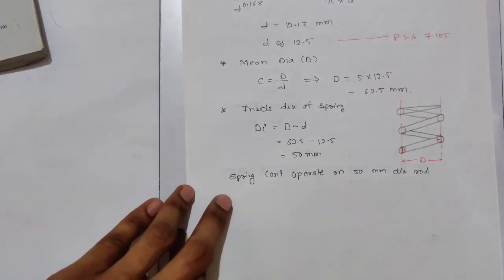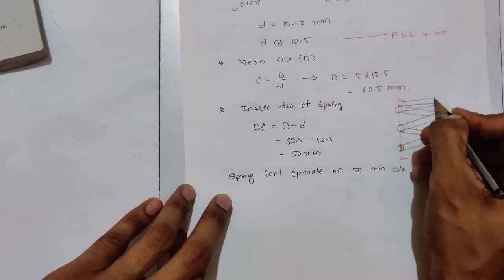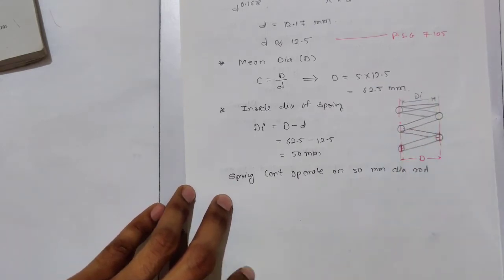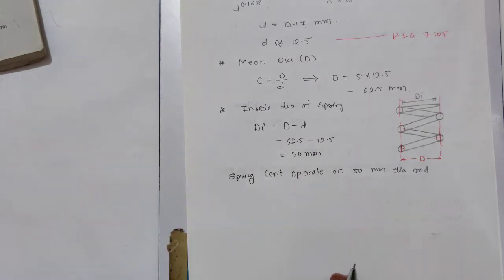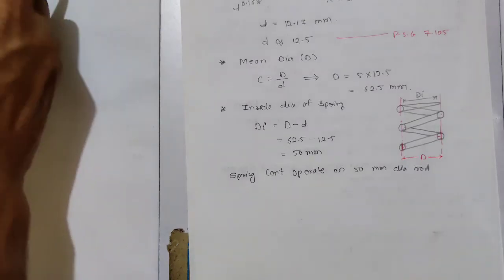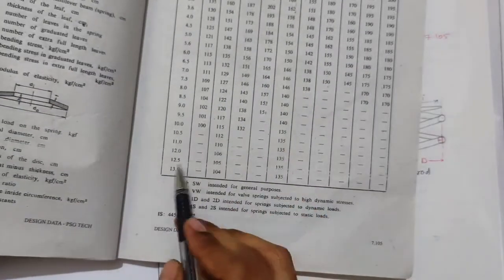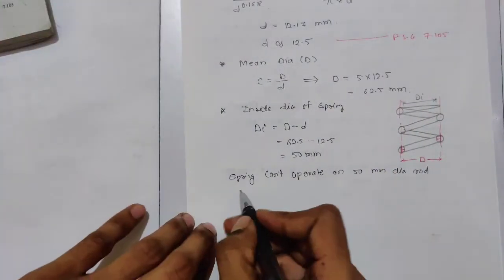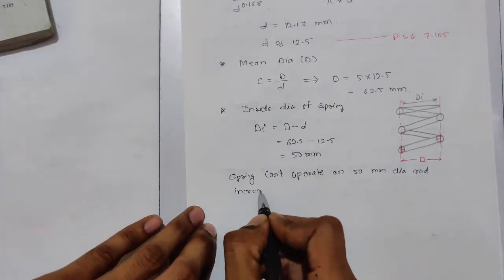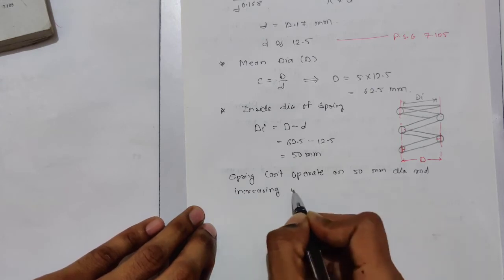This inside diameter is Di. So we have to increase the size of the wire. It was 12.5, so next is 13, so we selected 13, increasing the wire dia.